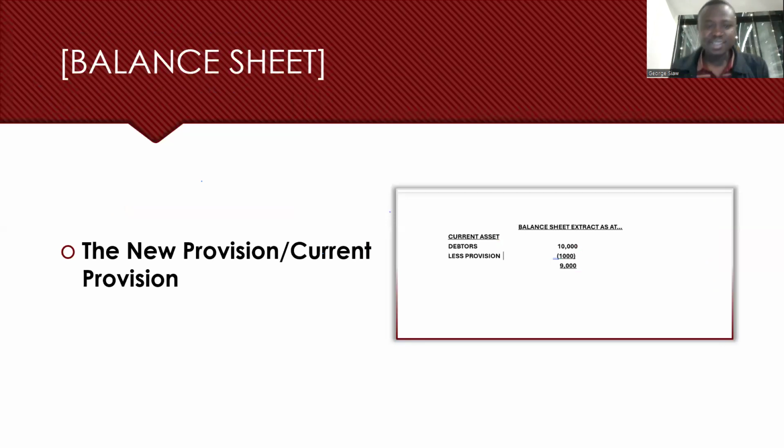Now let's go to the next slide. So this is how we also show this on the face of the balance sheet, because as I said, anything under the additional information, like the transaction we saw, needs us to look at what will go to the P&L and what will go to the balance sheet, so that the double entry is adhered to. Okay, so the one going to the P&L is always the difference.